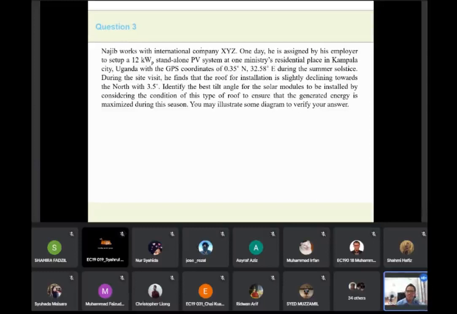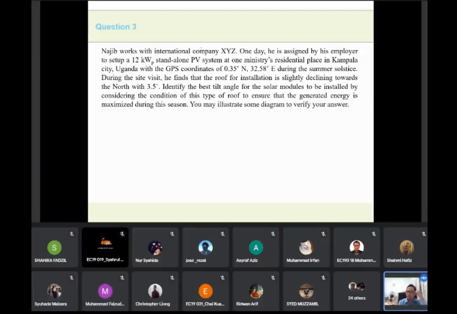I have a Ugandan friend from when I was a PhD student, who lived in Kampala. With the GPS coordinates of 0.35 degrees north and 32.58 degrees east, during the summer solstice.